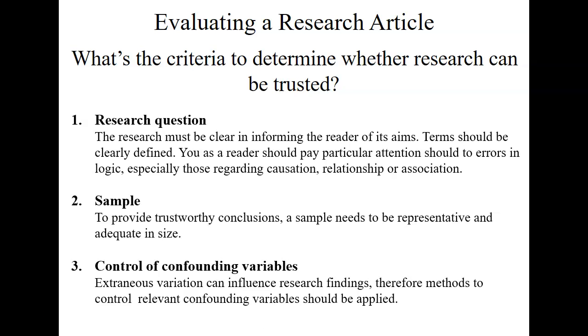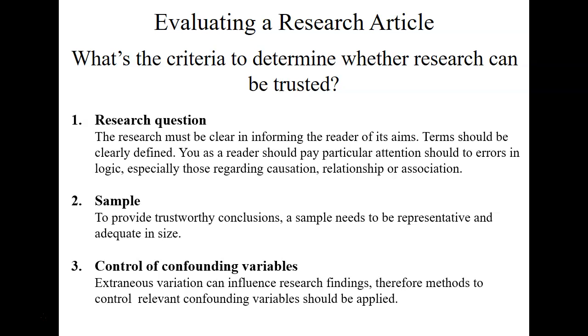Next, you want to make sure that you're taking a look at something called control of confounding variables. So what does that mean? It means, are they trying to control for other potential causes of whatever the outcome of the experiment is?